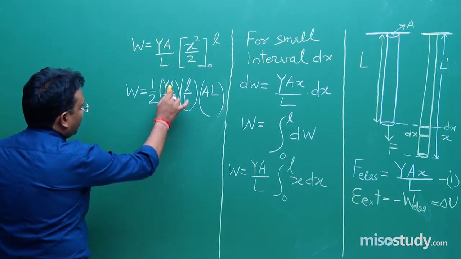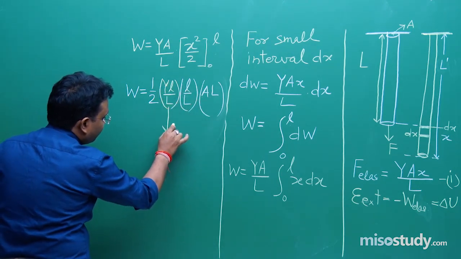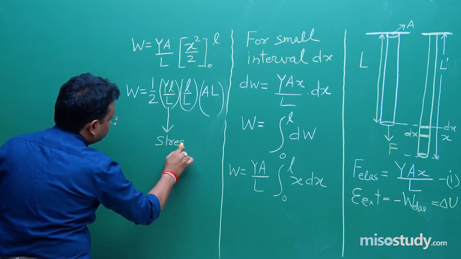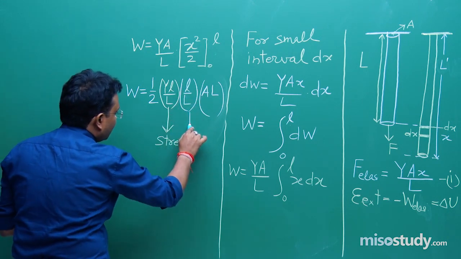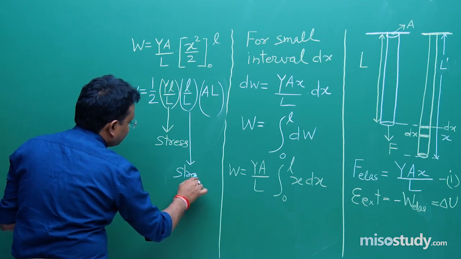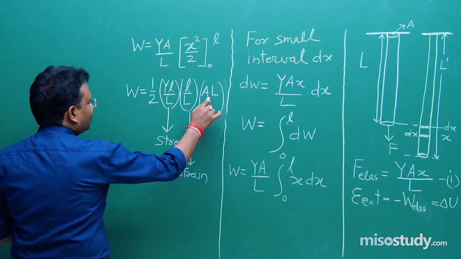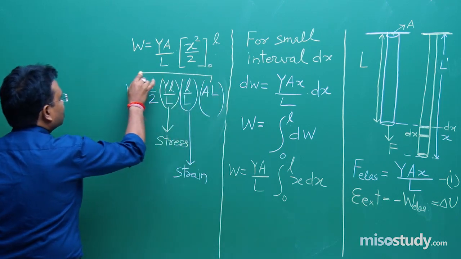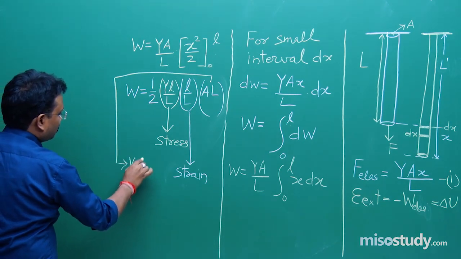So now students, every term has its own meaning. What exactly? This term is known as stress, while this small l by L is defined as strain. And the beautiful part is that this A into L is nothing but volume.